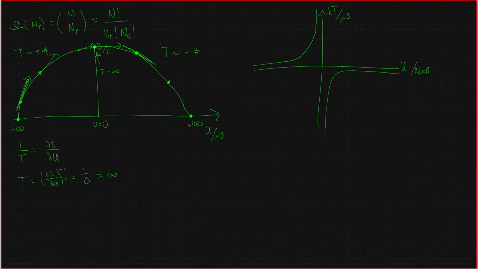Yeah, I mean, it is, but think of entropy in terms of microstates. How many microstates correspond to the state where they're all up? And how many microstates correspond to the state where they're all down? There's just one. Yeah, exactly, Deb. So there's only one state you can have where all of the dipoles are anti-aligned, and there's only one state you can have where they're all aligned, right?